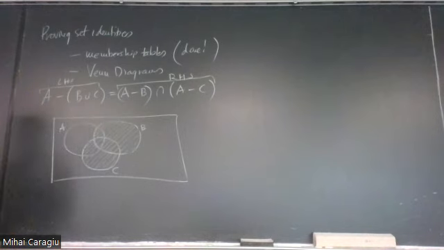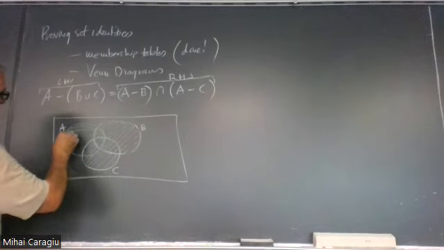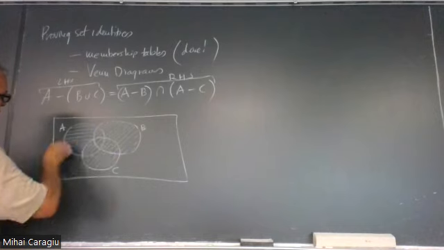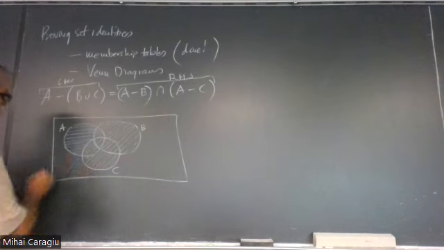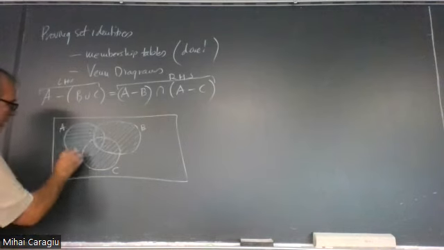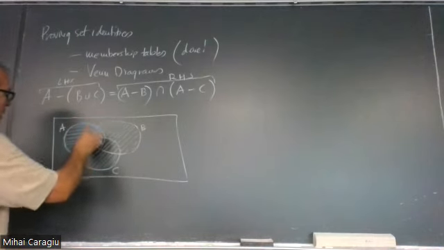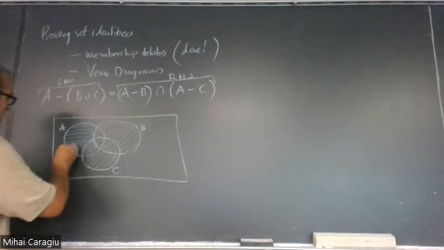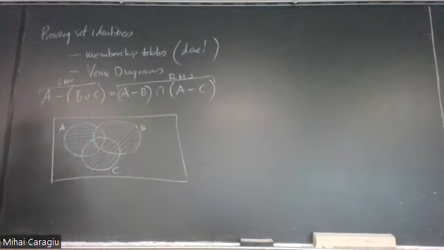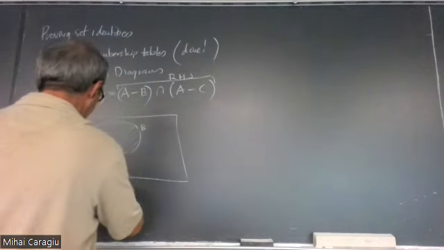A minus (B union C) is whatever is in A but not in B union C. So that will be this one. That's the result of the left-hand side, A minus (B union C). Okay, let's do the right-hand side.